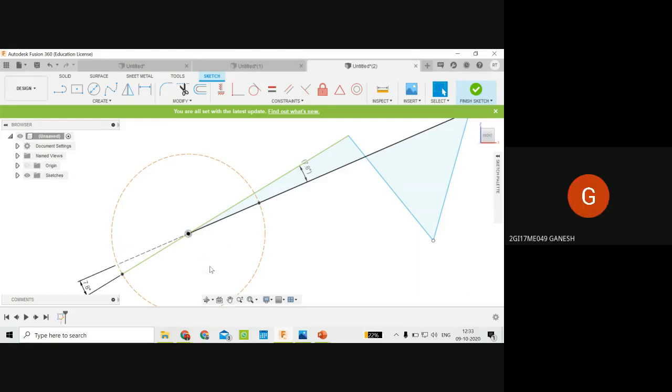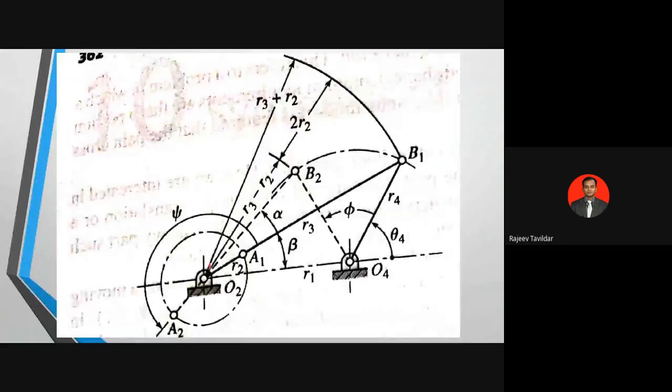Yes, sir. Now let us see how they have done it from the textbook point of view. The same thing, whatever I've told you. I'll use this. Okay. So initially O2A1, look at this O2A1. It is represented by R2 length, and A1B1 is represented by R3.